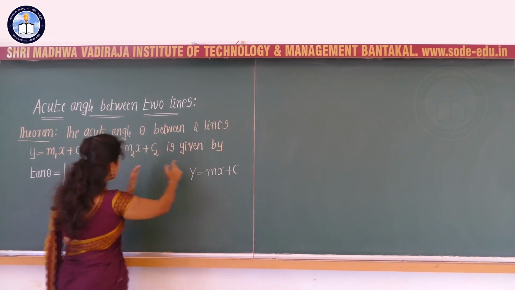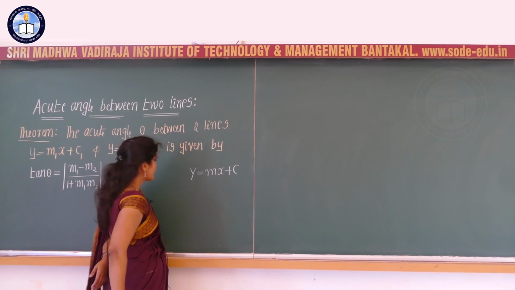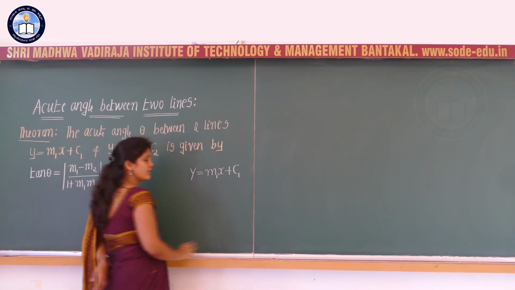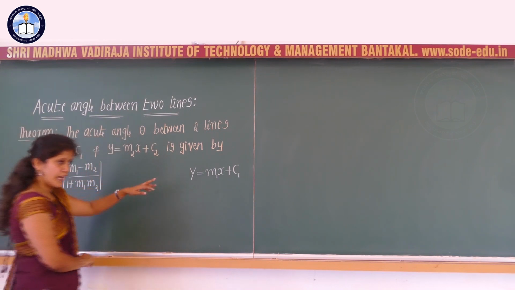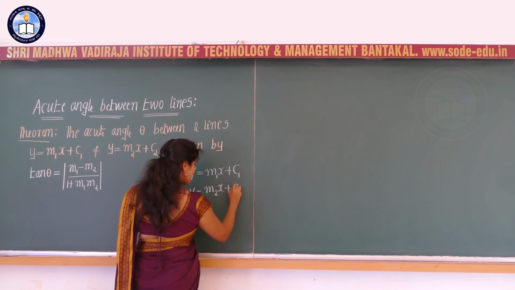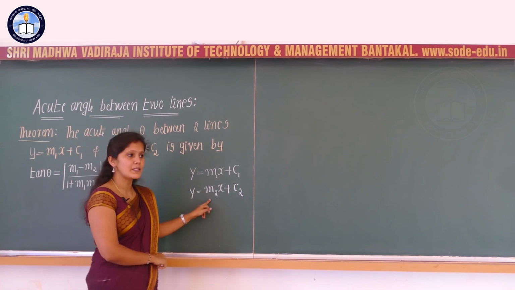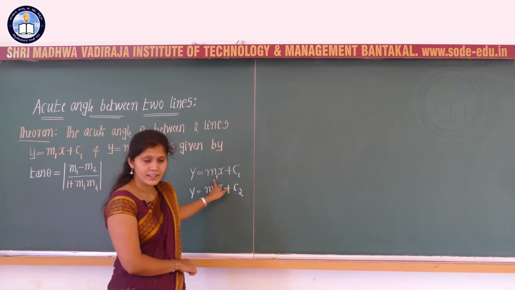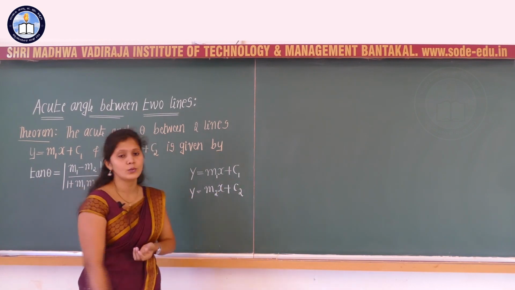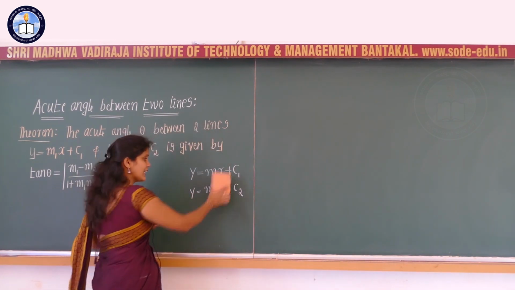So we consider the two lines as y is equal to m1 into x plus c1, and the second line as y is equal to m2 into x plus c2. Here m1 and m2 represent the slope of the first line and the second line respectively, and c1 and c2 represent the y-intercept of the first line and the second line respectively.